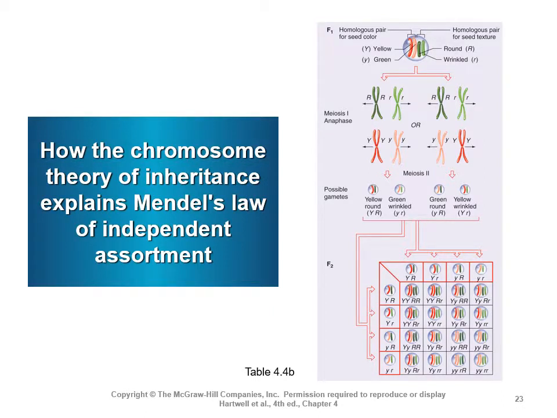Okay, in order to break this down, it will be helpful to remember that two alleles of the same gene are located on the separate chromatids of the same chromosome.